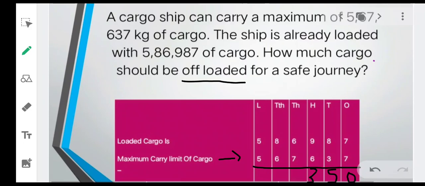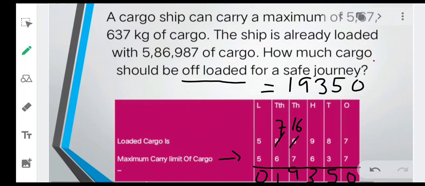So we are going to the 10,000 column. 8 minus 1 becomes 7, and we give the one to the 6. 16 minus 7, 9. 7 minus 6, 1. 5 minus 5, 0. So we got our final answer 19350, and we are going to insert commas as per the Indian number system.